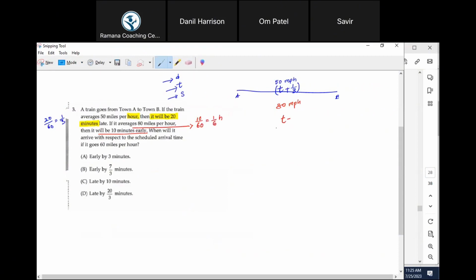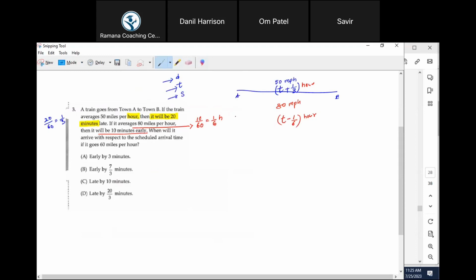So it says 1/6 hour early. That means the time taken is t minus 1/6 hours. Is that okay, everyone, how I'm writing those? T minus 1/6, t plus 1/3. Everybody okay with that?